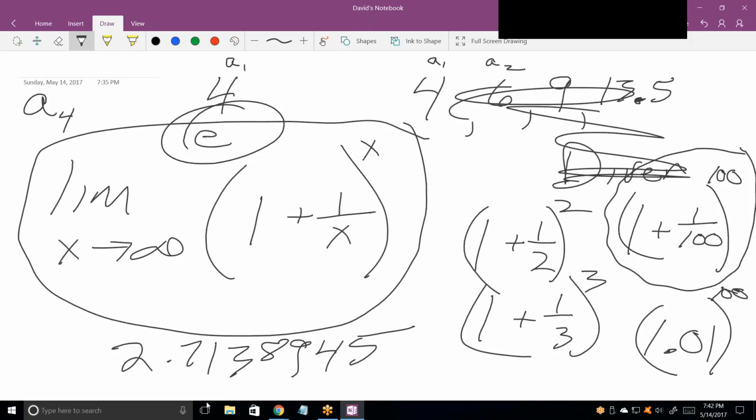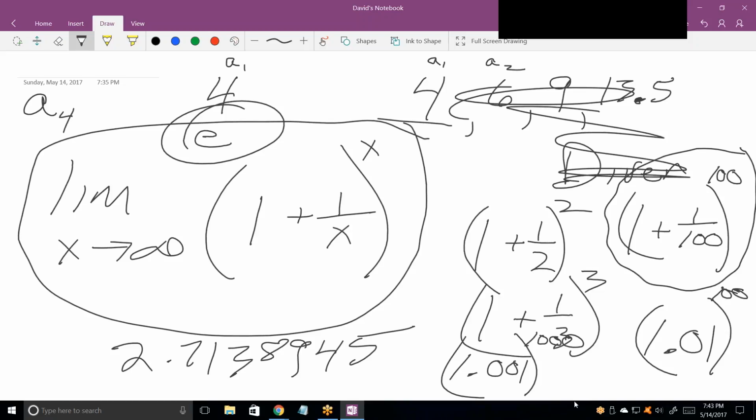Now do 1.001 raised to the 1,000th power. That comes to 2.7169233932. There you go. Now you're gaining accuracy. And if you want to accurately estimate E, just make x get larger and larger.